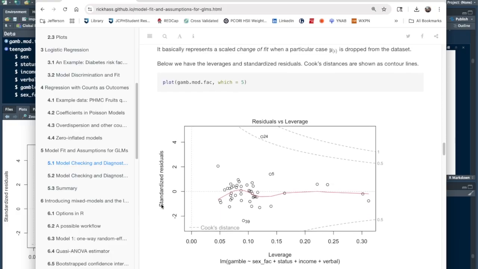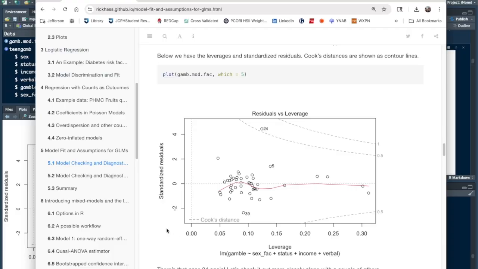So that final plot, leverage is on this axis. These are the leverage values for all the residuals. And then these contours here give us the boundaries of Cook's distance.